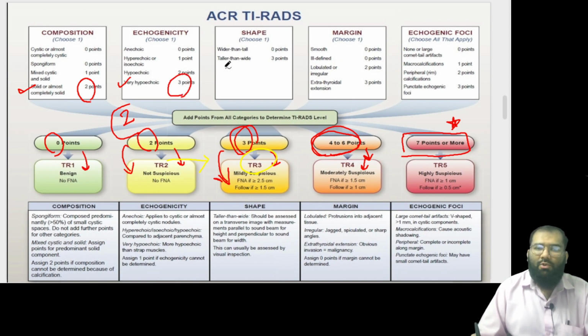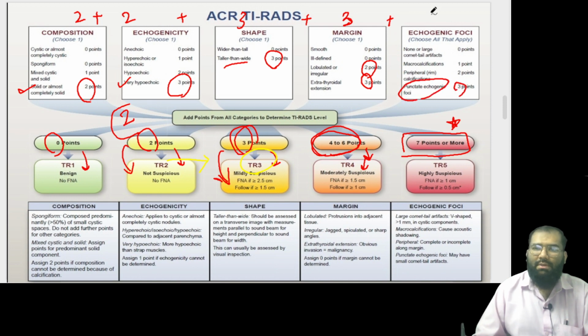It was taller than wider, so 3 points. So 2 plus 2 plus 3 plus, how is the margin? Margin is lobulated, so 2 points. Some of them are showing extrathyroid extension, all of them, so 3 points actually. Echogenic foci, yes, there are punctate echogenic foci, so 3 points. So add all of this, you get 2 plus 2, 4, and 4, 3, 7, 10, 13.